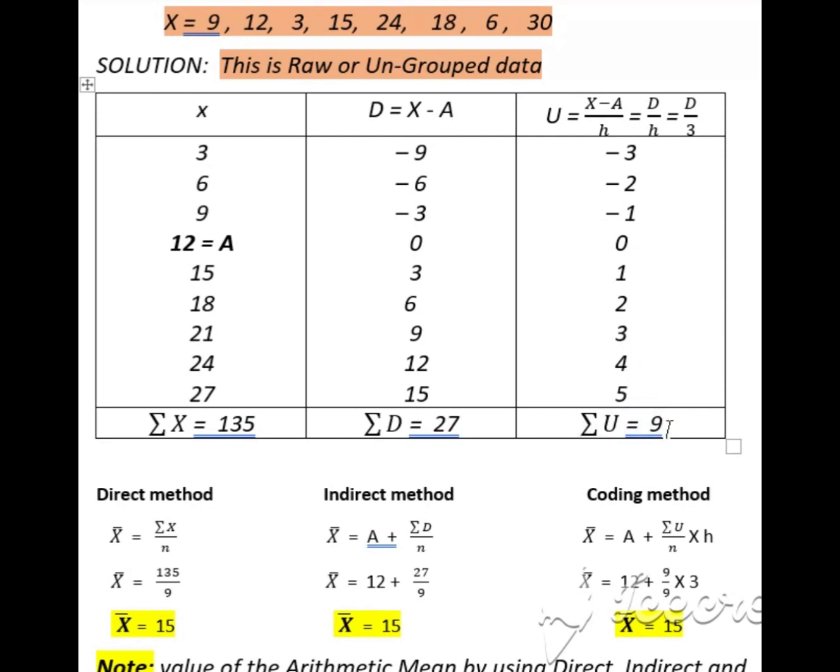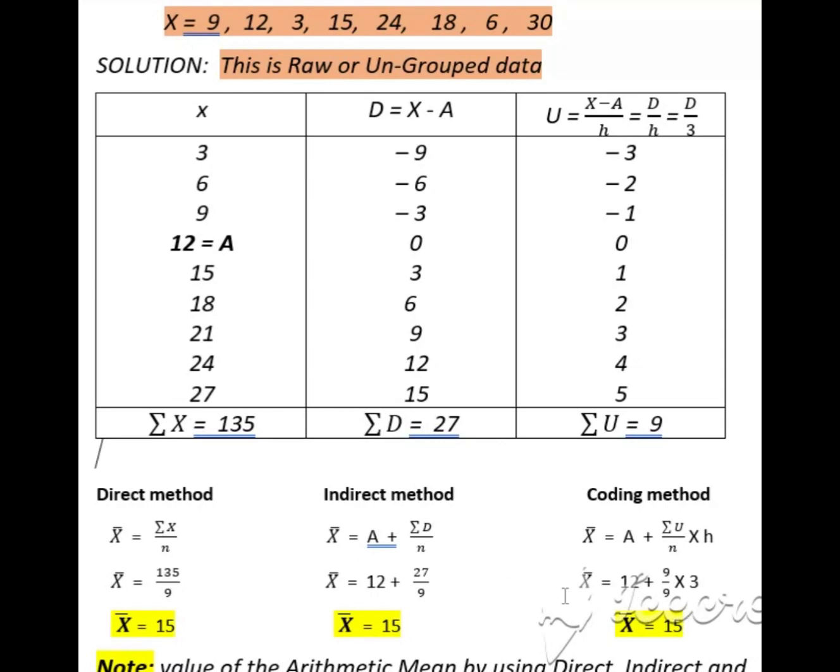So put here sigma U, which is 9, divided by N. N is 9. So 9 divided by 9 times H. H is the common difference between these X numbers, which is 3. So times 3. 9 divided by 9 is 1. 1 times 3 is 3. 3 plus 12 is 15.